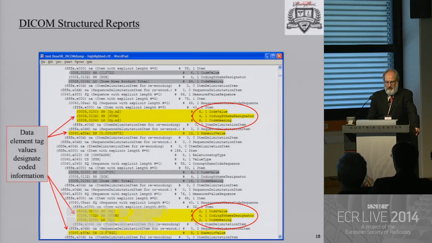In this example, this is the dose area product, and so the code value, again, I know you don't see this, is actually gray meters squared. The description is, again, gray meters squared, and the actual value is written down here, an enumerated value, etc.